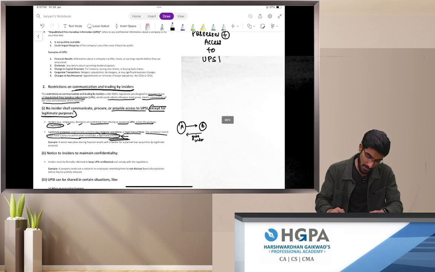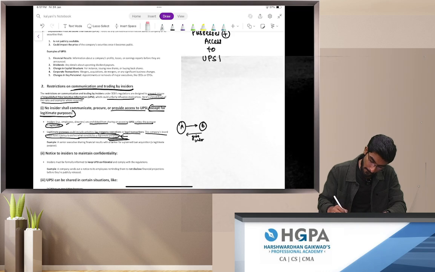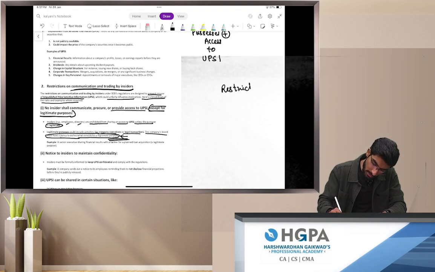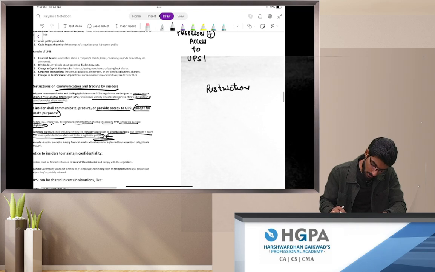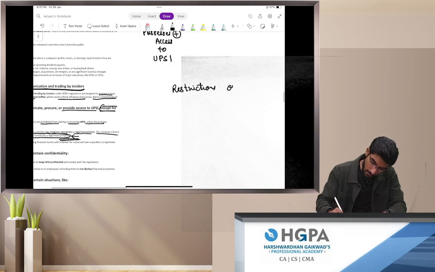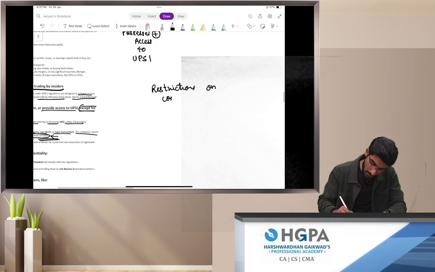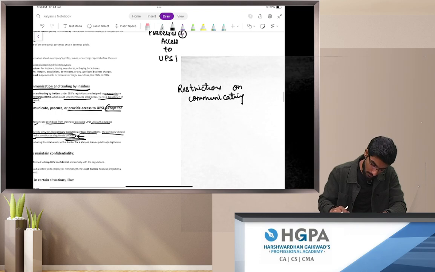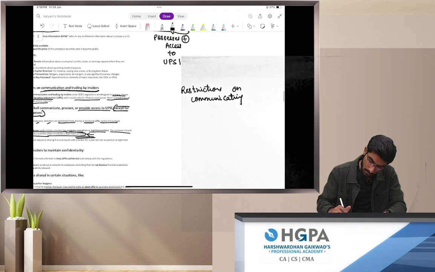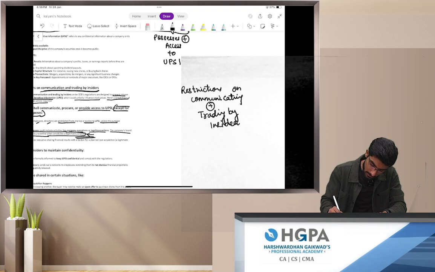So what this rule says is, people, restrictions on communicating plus trading by insiders.